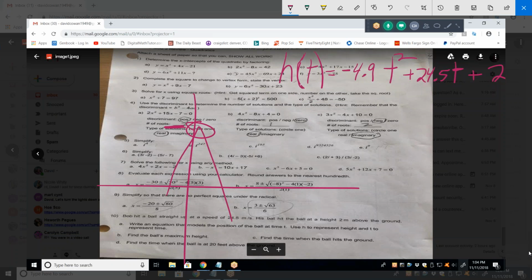The vertex occurs at what time? What's the formula? It's the first half of the quadratic formula. What is it?